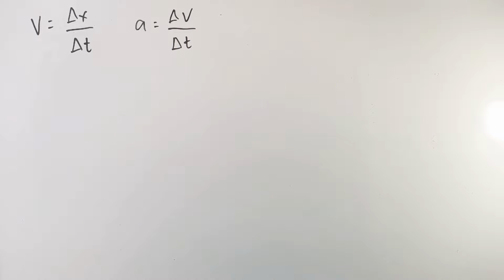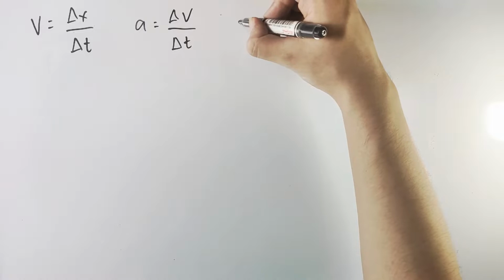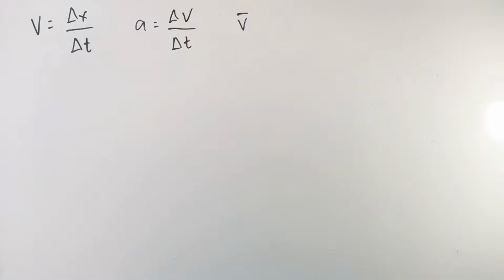Okay, we have as well average velocity. So average velocity is the one that I have been describing when, for example, you're speeding up or slowing down. If you're going to calculate for the rate of change in velocity, that would be acceleration.